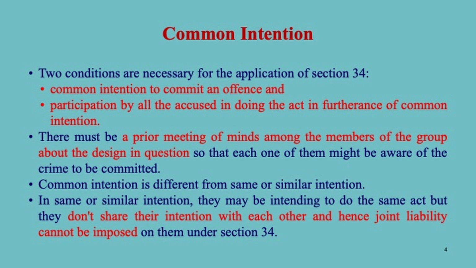For example, where A, B and C have formed a common intention to cause the death of D. A enters the house with a knife to stab D and stabs D. B stands guard at the entrance to alert A if someone enters the house, and C drives A and B to D's house and after commission of the offense drives them back.